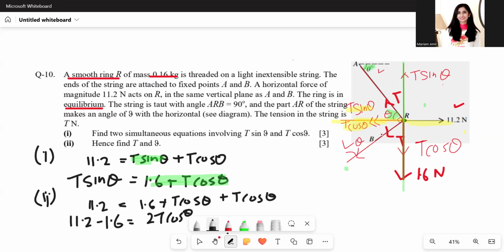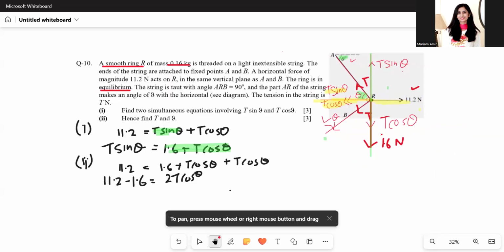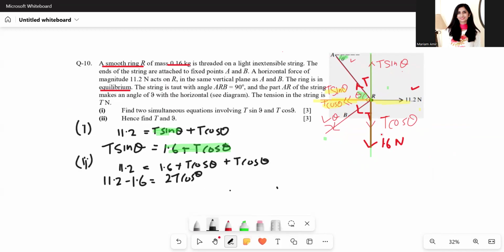That's the problem, it's giving me both T and theta as variables. So we're not getting a single variable. How do we get a single variable? What can be done? I think we need to make T cos theta and T sin theta the subjects and then somehow change it into tan theta. Let's see if that works or not.